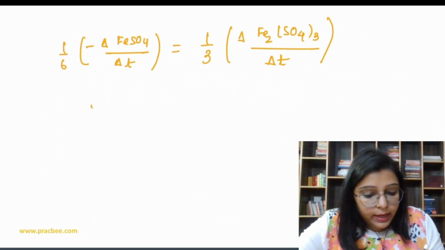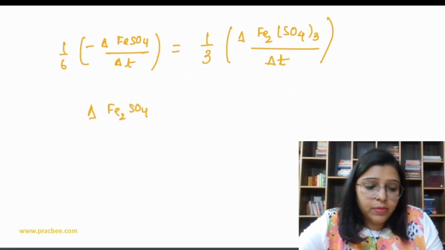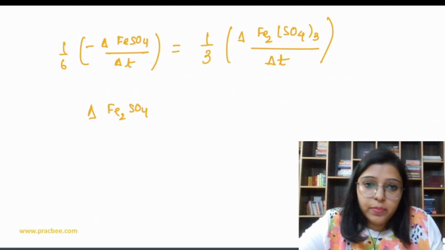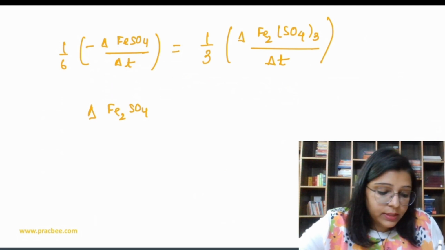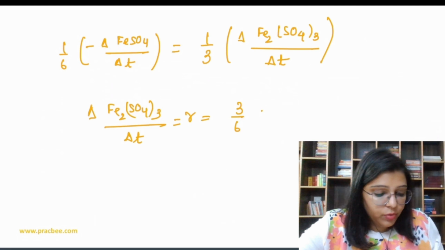So delta Fe2(SO4) whole thrice upon delta T, that's what we need to find out. So that is equal to 3 by 6 into 1.66 into 10 to the power minus 4, which is 1.66 upon 2 into 10 to the power minus 4, which we can write as 3.33 into 10 to the power minus 4.